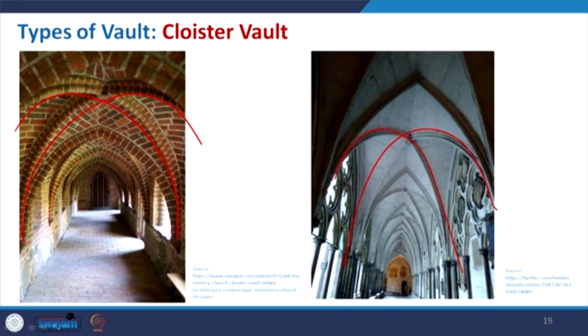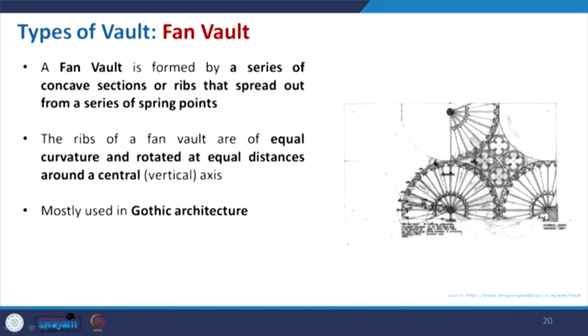Again, it is similar to the previous one, but in the earlier image we saw that the ribs were very predominant, here they are not. Coming to the fan vault, we all know a fan, like the ceiling fan, where from the center we have some blades, and if you increase it, it will give a fan shape.